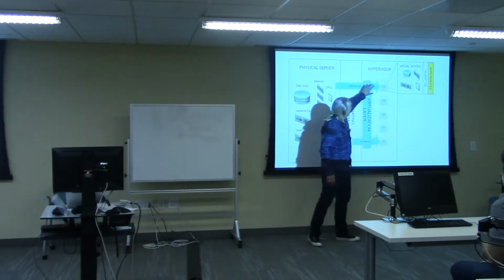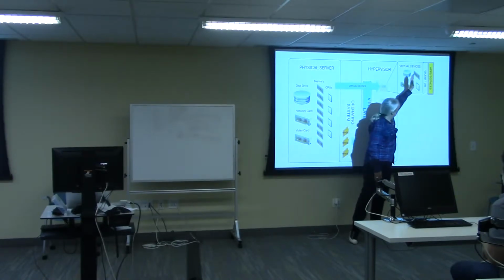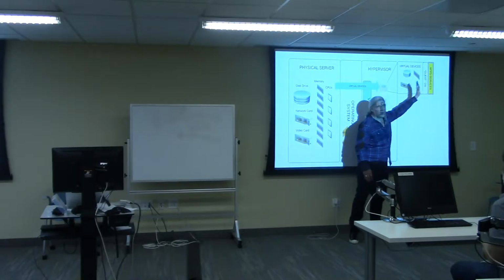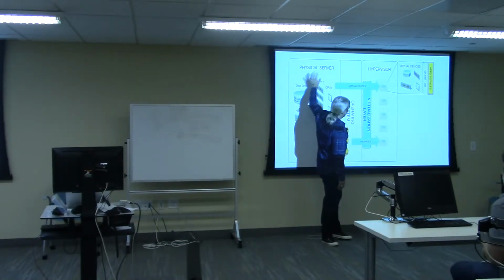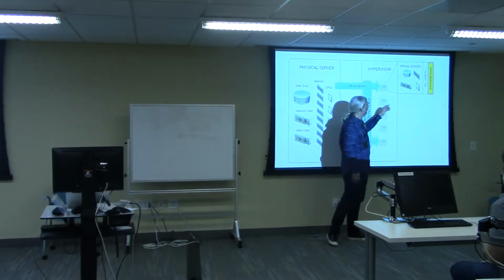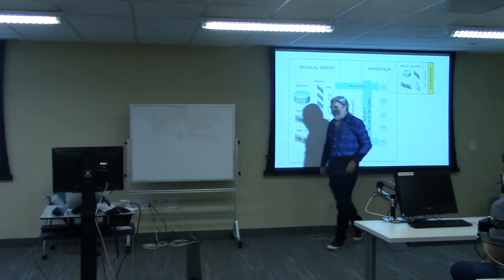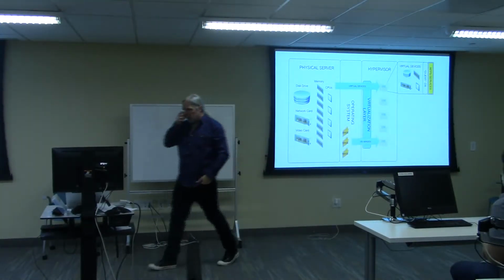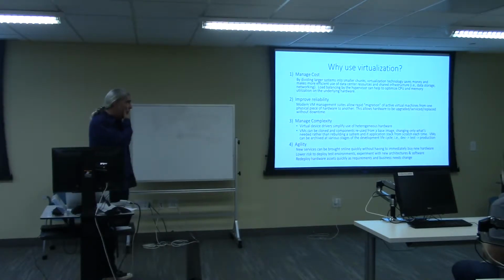It combines them together and creates a VM which uses virtual devices and runs its own operating system and its own applications and services. You don't run applications and services out of this piece. This is logically and physically distinct. The actual services run up here. And this is a really powerful model for a number of reasons, and I'll talk about why on this slide.